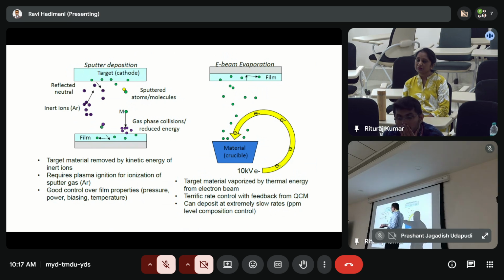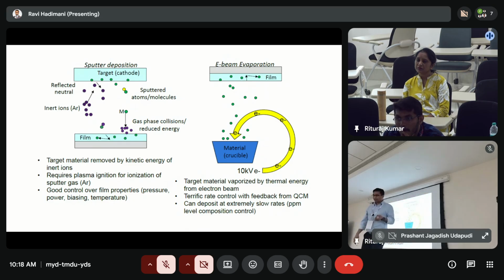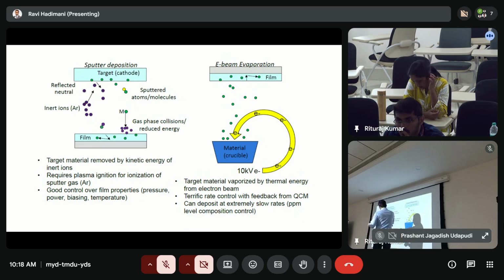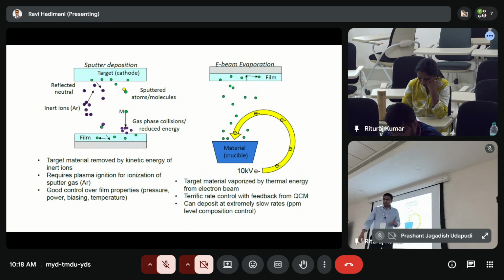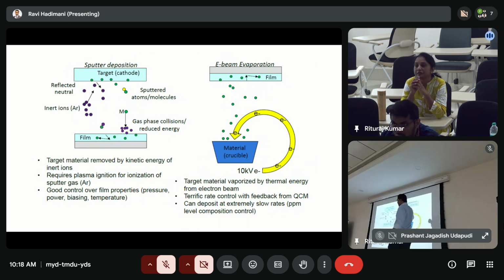In sputtering deposition, you create ions, usually from an inert gas. You can also create ions with oxygen as well, but a lot of the time you use argon. So you take argon and strip away an electron and it becomes positively charged. These positive ions are accelerated towards the target.